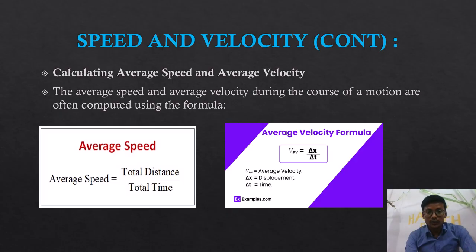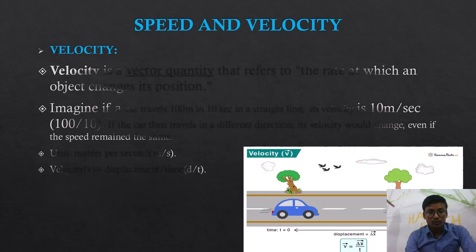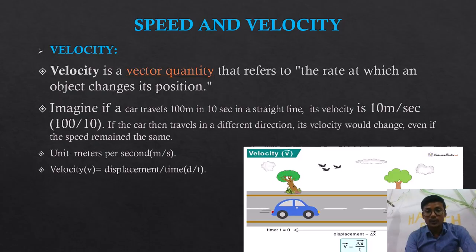So calculating average speed or velocity: the rate of change of distance is called speed, and the rate of change of displacement is called velocity. Velocity is a vector quantity that refers to the rate at which an object changes position.